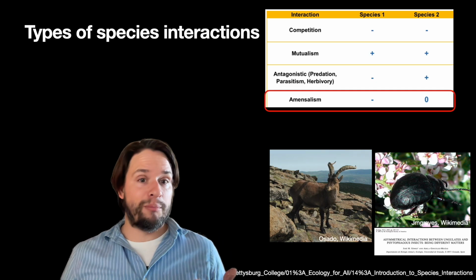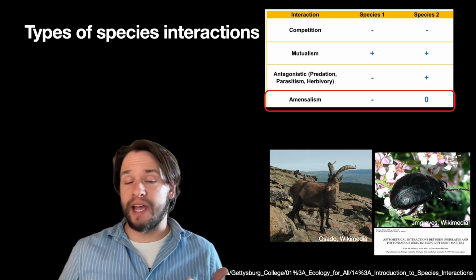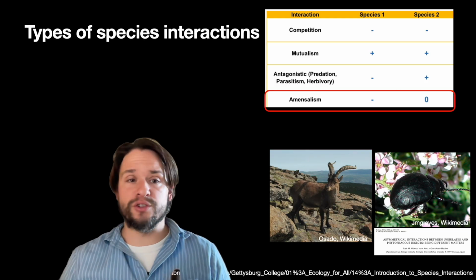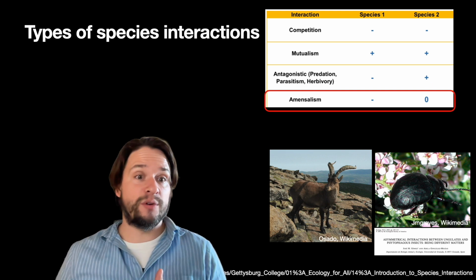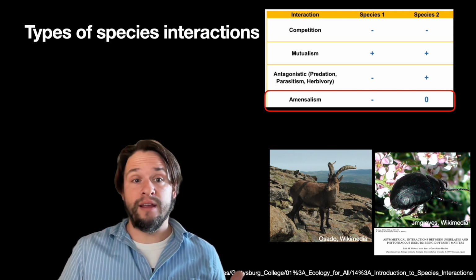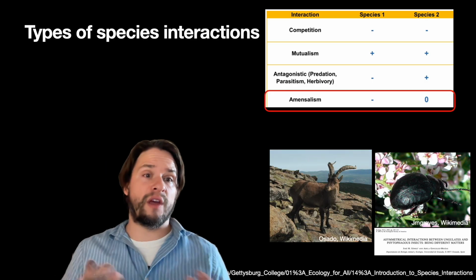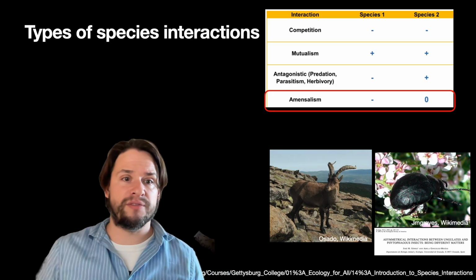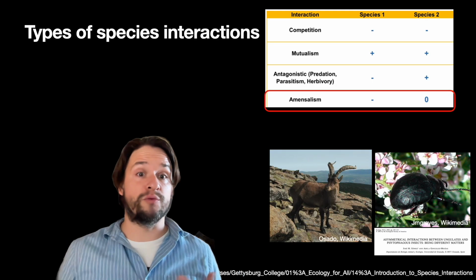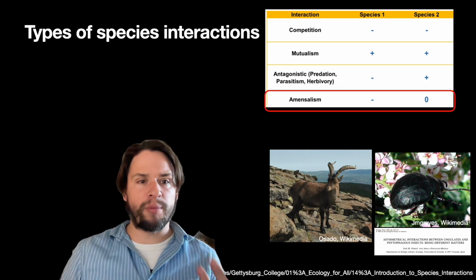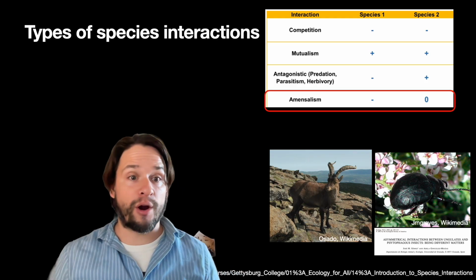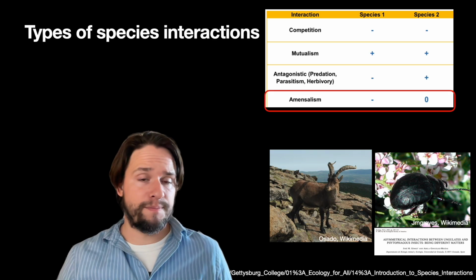And as you might suspect, there aren't any strong defensive effects from weevils, so ibex aren't really affected by the presence of weevils, but weevils on the other hand are negatively affected by the presence of the ibex, both through direct damage and also through reduction of that resource. So one partner unaffected, the other partner negatively affected is amensalism.